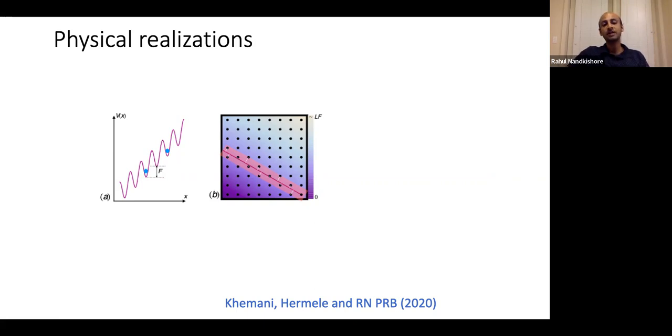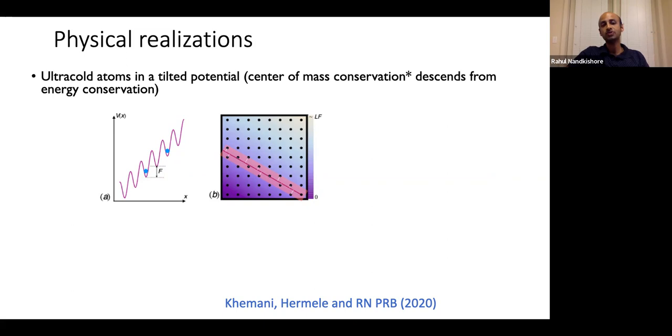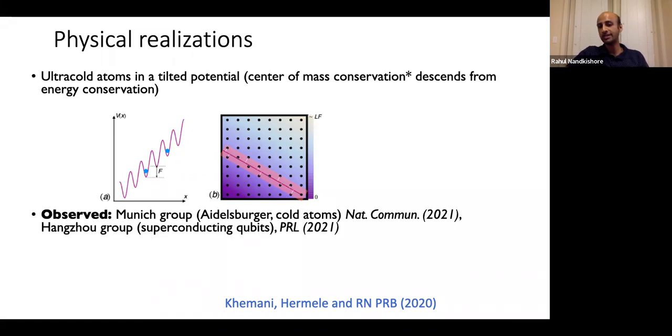The simplest implementation is to consider ultra-cold atoms in a tilted potential. The potential tilt couples to center of mass, and up to some pre-thermal timescale, you get center of mass conservation, and center of mass is just like dipole. So you might think that if you put cold atoms in a strongly tilted potential, then you would get effective conservation of dipole moment, or center of mass, of the cold atoms.